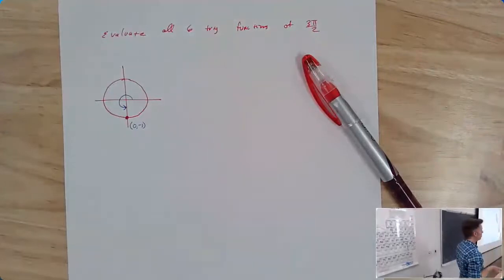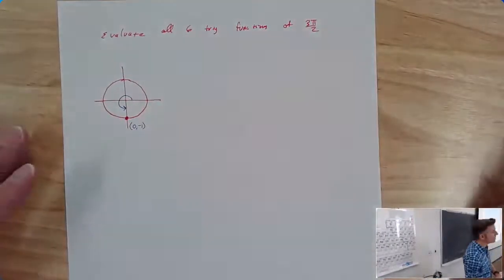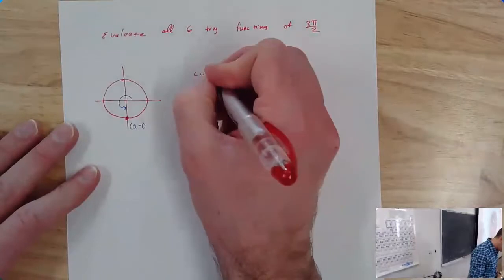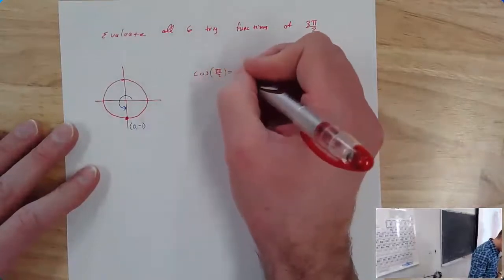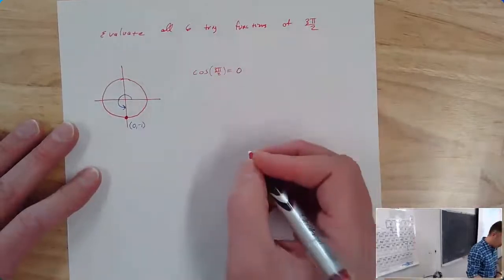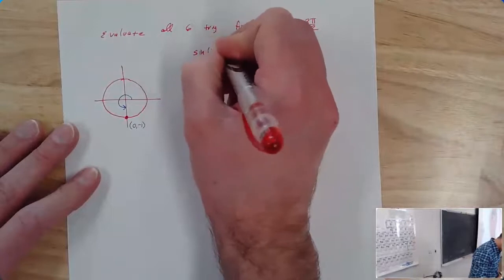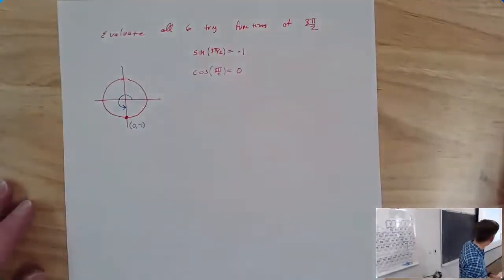Sine and cosine, no big deal. We can do those just fine. I do encourage you to write them in this order because it's an order you'll see a lot. Sine of 3 pi over 2 is the y coordinate, which is -1.